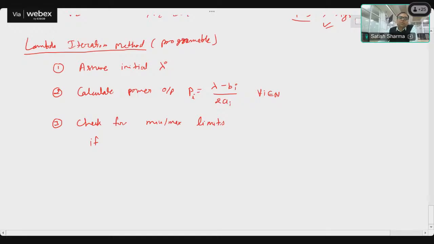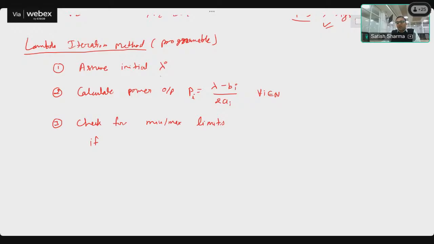So here, let's say some optimal output is there, and we have assumed a certain lambda. If this lambda is less than the final optimal lambda, it means the system is paying less.